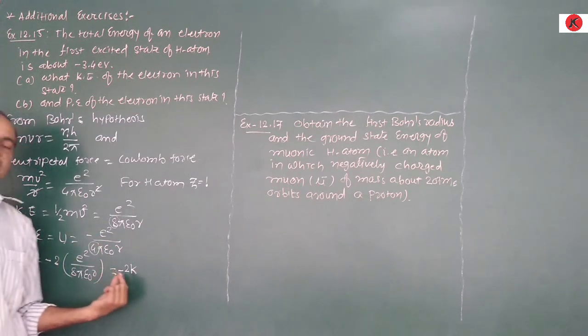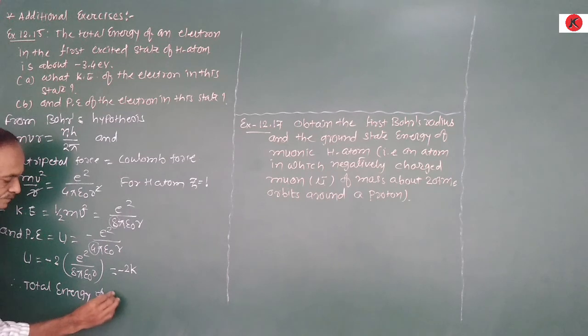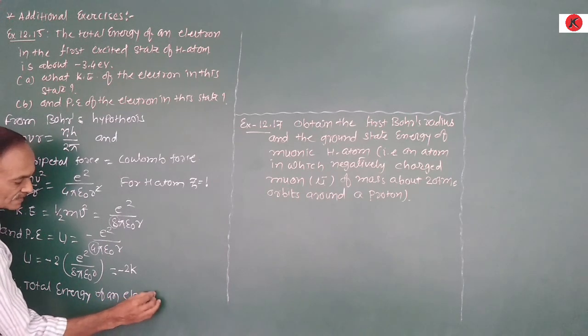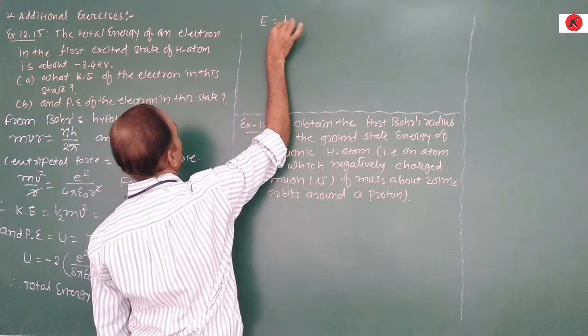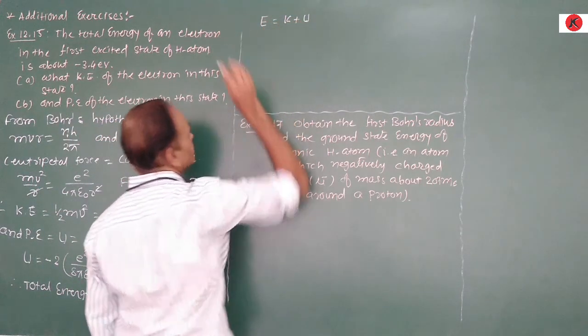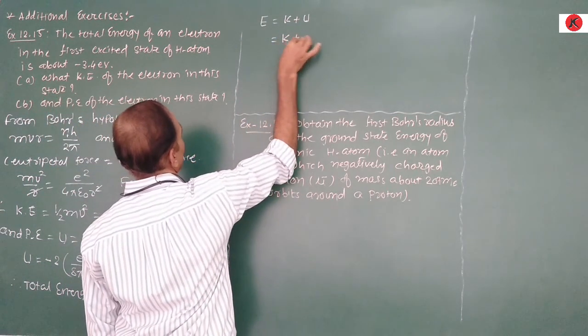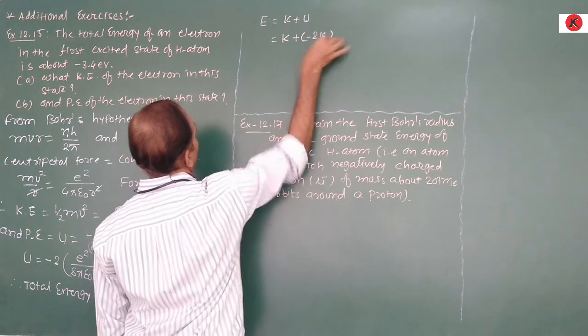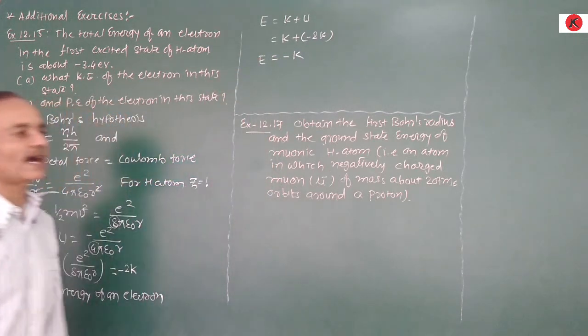Therefore, the potential energy is minus 2 times e square upon 8 pi epsilon 0 r, which is our K. Therefore, the total energy of an electron is the addition of kinetic energy and potential energy. E is equal to K plus U. Kinetic energy is K, but potential energy is minus 2K. Therefore, total energy is minus K, the negative of the kinetic energy.